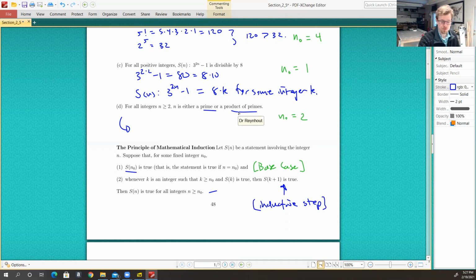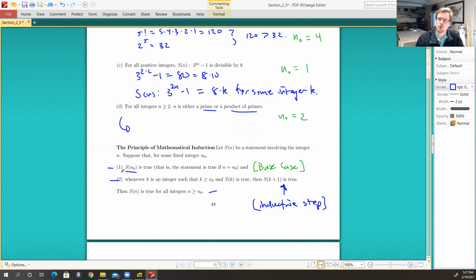So a proof by induction then, to show something is true by induction, all we have to do is identify what our statement is. Okay, what's our statement? Then we would say, all right, let's show the base case is true. Then we show that the inductive step holds, right? If we know that the base case holds and that the inductive step holds, then we know that it's true for all integers.